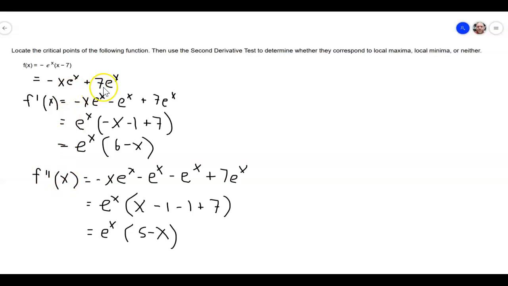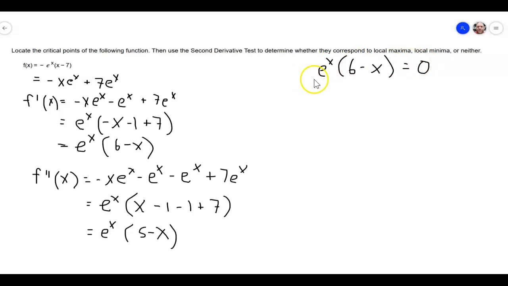The critical points are the points that make the first derivative equal to 0. So for the critical points, I'm going to take a look at e to the x times 6 minus x equals 0.